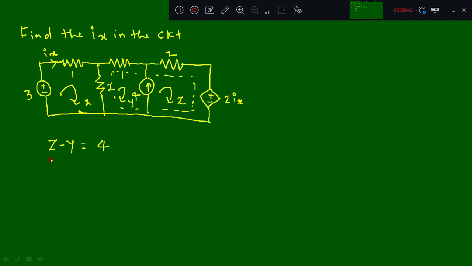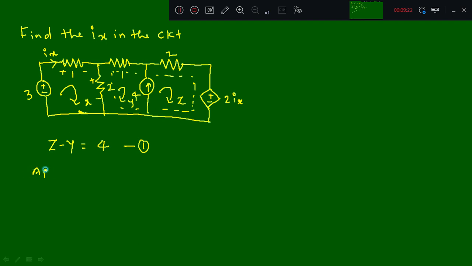Then apply KVL to the x loop. I will assume the directions as positive, negative, positive, negative. You can call this equation number 1.